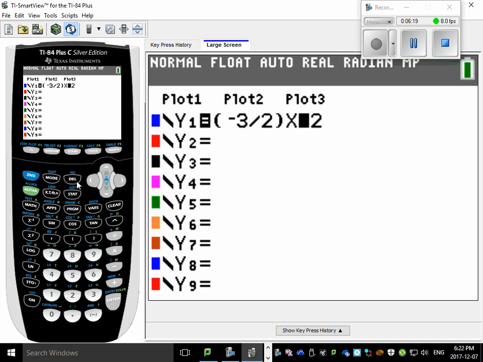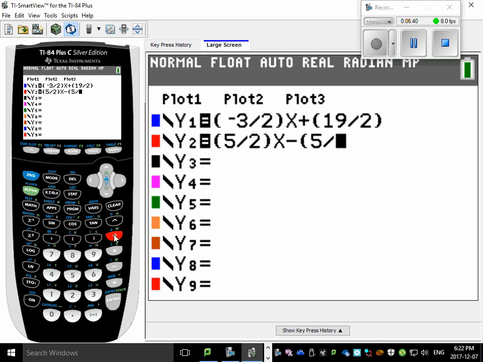Okay, plus bracket 19 divided by 2, close the bracket. Then comes the next one, which of course is 5 over 2. So there's our bracket, 5 divided by 2. I didn't forget this time. x, okay, minus 5 over 2, another bracket, 5 divided by 2. Look how ugly that is.